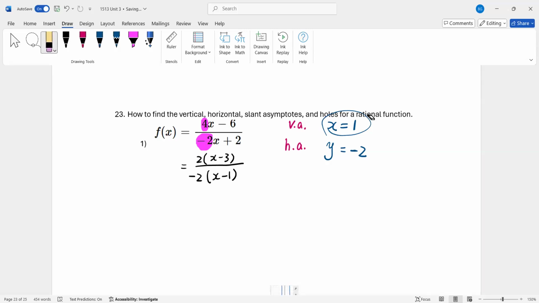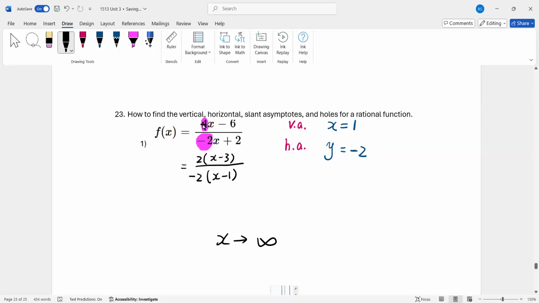To find the horizontal asymptote, we look at the degree. Firstly, we need to make sure the degrees are the same. Degrees being the same means that when you let x approach positive infinity, the numerator and the denominator have similar or equivalent speed.